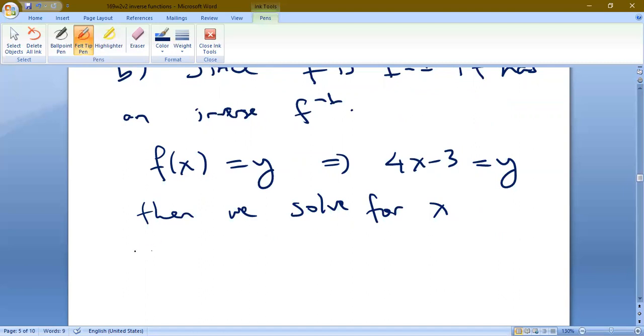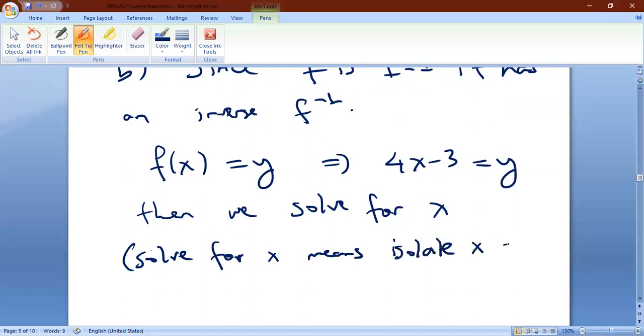We will see this direction many times in later problems. So solve for x means isolate x alone on one side of the equation.